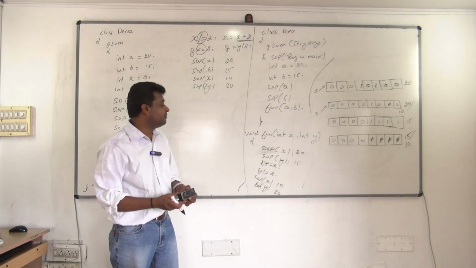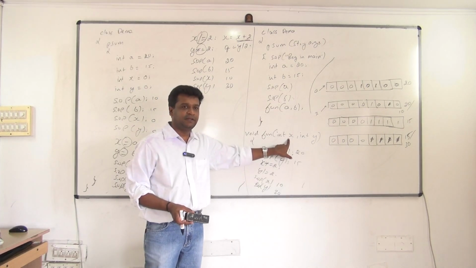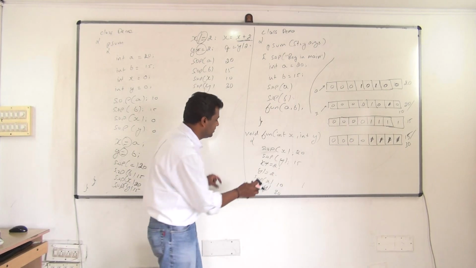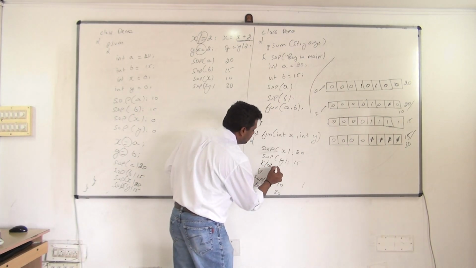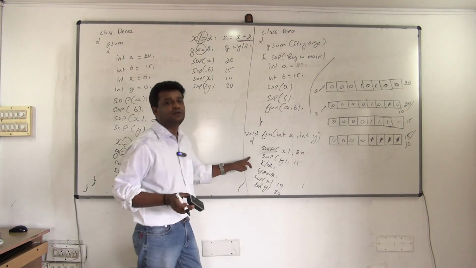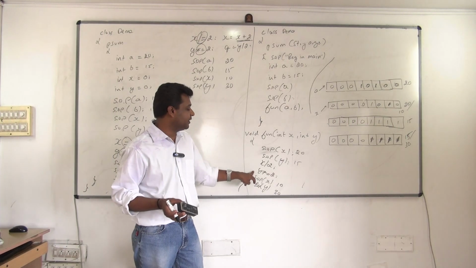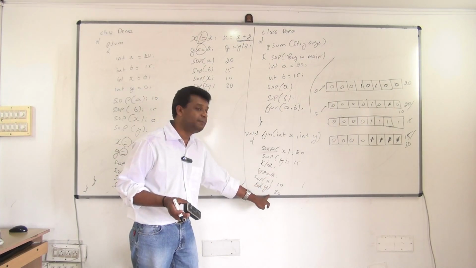Understood? What is the value of x and y now? Whatever A is, x is 20. X divided by 2, y into 2. X divided by 2 is how much? 10. Y into 2 is how much? 30. So after modification, x will print 10, y will print 30.